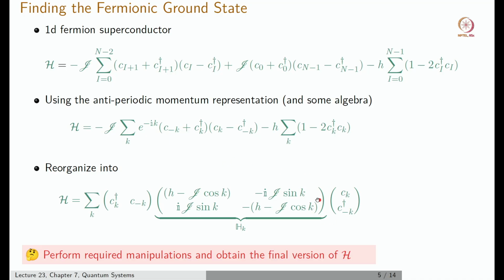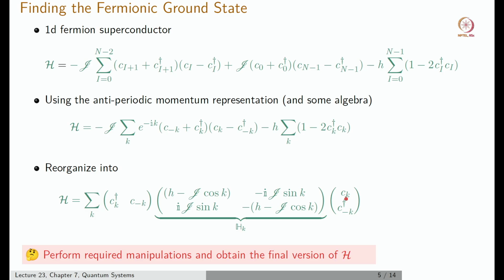So here what I have done is I have manipulated this expression to make it look like this. I have organized it so that at every crystal momentum k, there is a matrix of operators called Ck and C dagger minus k. So what this can do is it has a piece where I destroy a fermion with momentum k, and there is another piece where I create a fermion with momentum minus k.